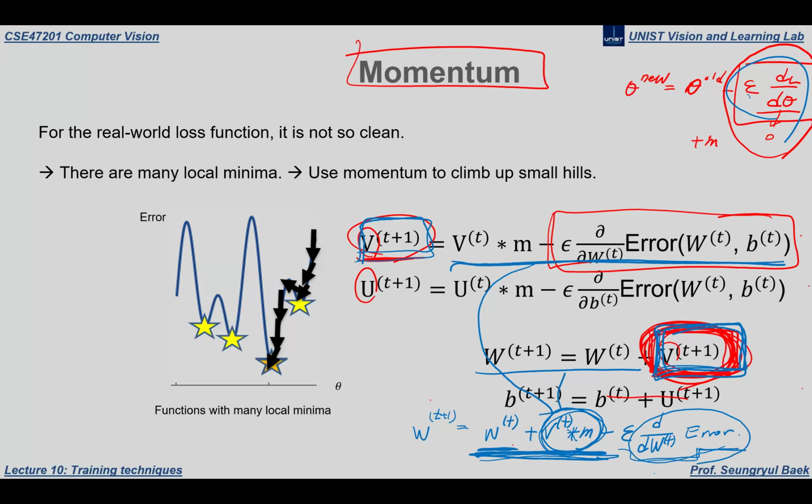We can interpret it in this way, but there's one mismatch when we write it this way. The parameter W is already added here with the momentum, but the parameter we are differentiating the loss L with respect to is not the parameter which is updated.